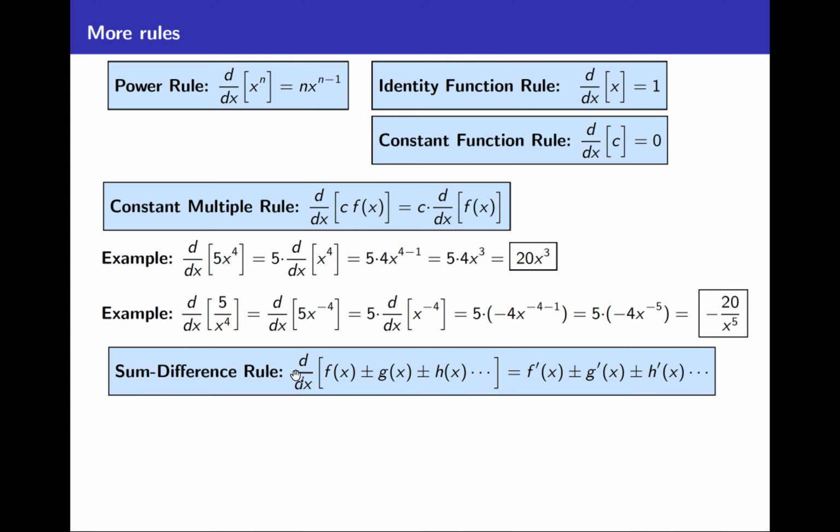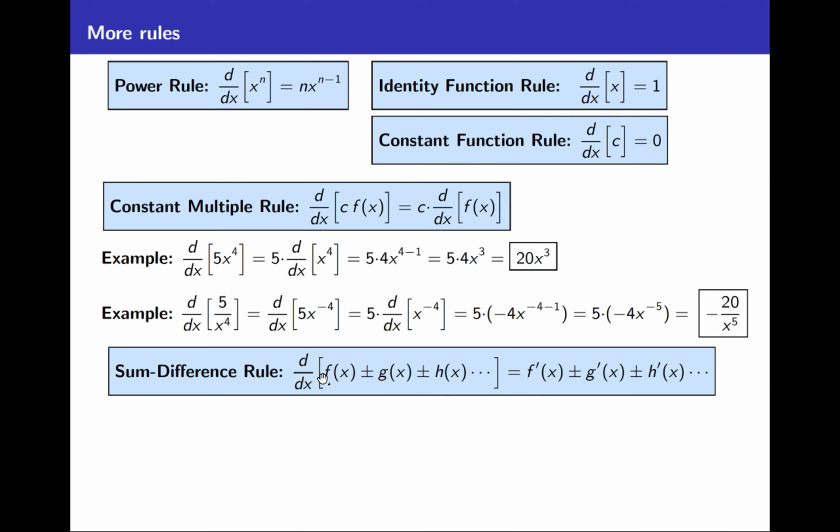Here's another rule that you can verify with the limit, but we're not going to do that in class today. You can read about this in the text. This is called the sum difference rule, and it tells you what the derivative of a sum or difference of functions is.